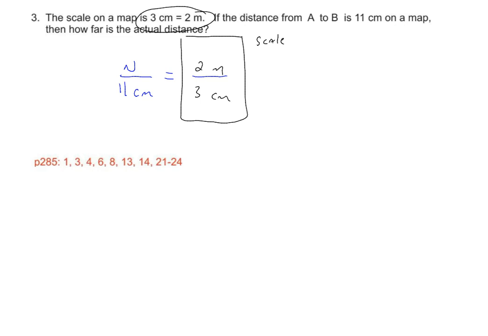But because centimeters are on the bottom, we know it's got to go that way. Okay, finish it off. I'm going to pause the video. Hopefully you decided to multiply both sides by 11 centimeters over 1 as we isolate our variable. Our centimeters divide out as well, telling me my final units are meters.